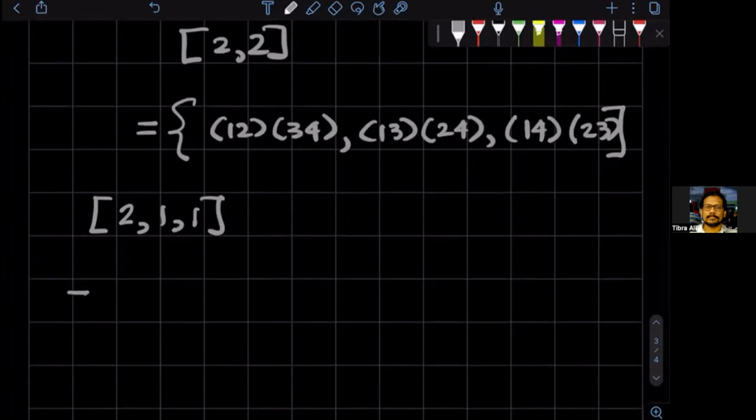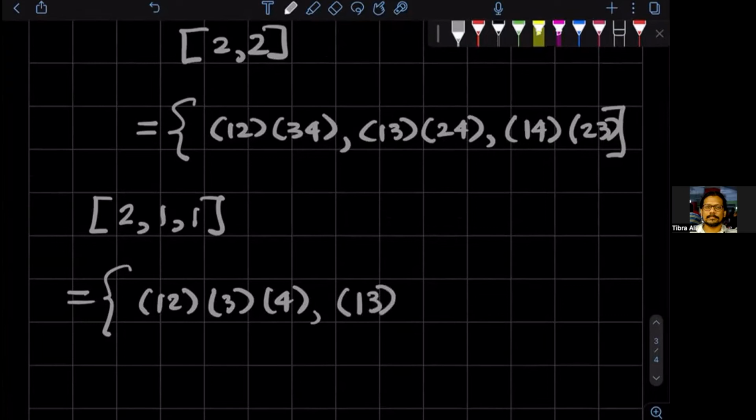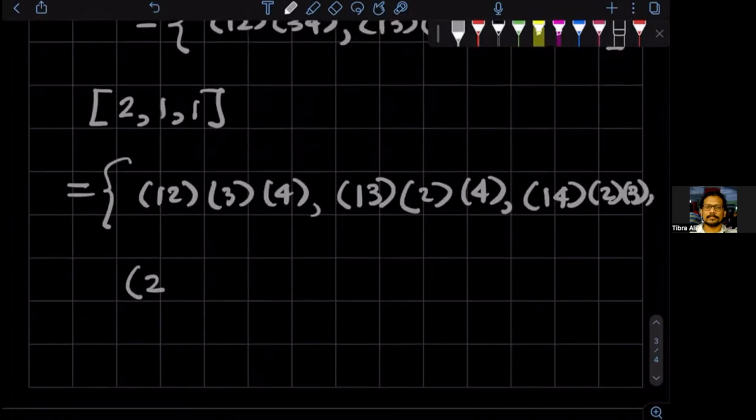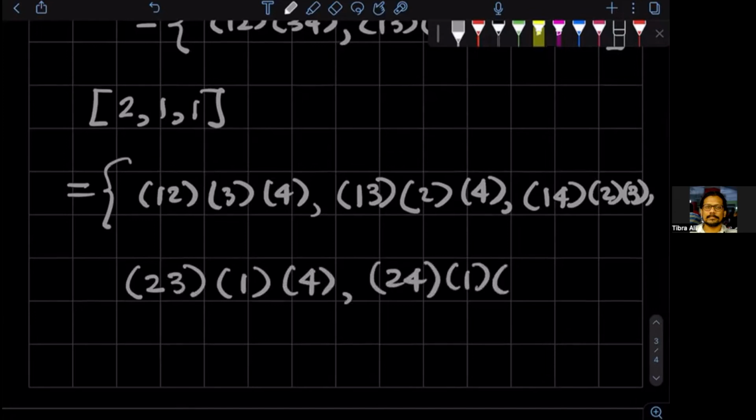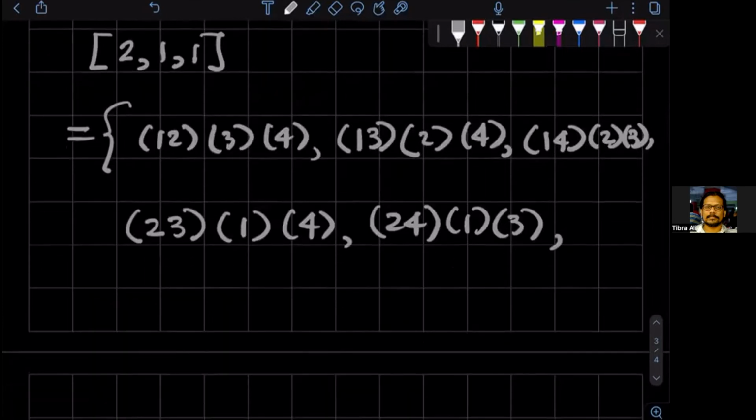Then [2, 1, 1] would consist of (1 2), (3 4), (1 3), (2 4), then (1 4), (2 3), and then we move to 2: (2 3), (1 4), and (2 4), (1 3), and then we move to 3: (3 4), (1 2).